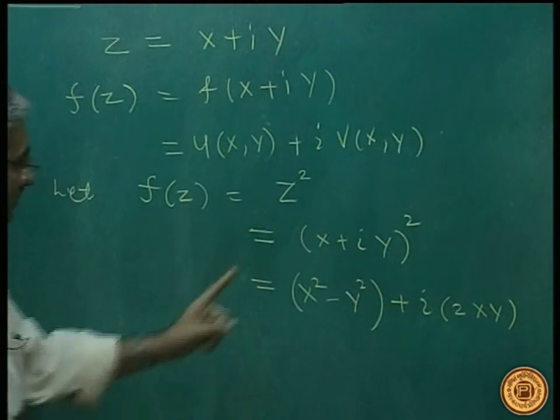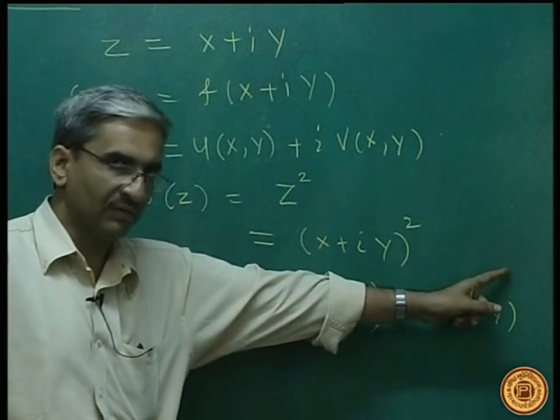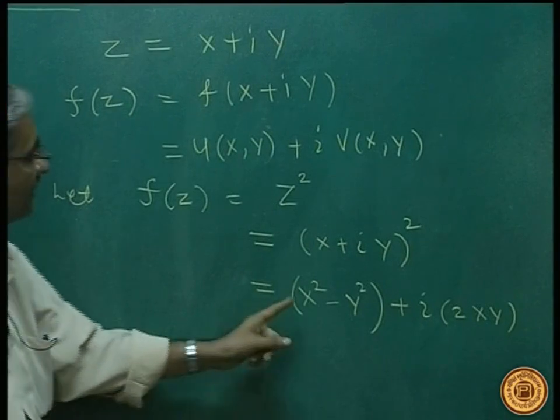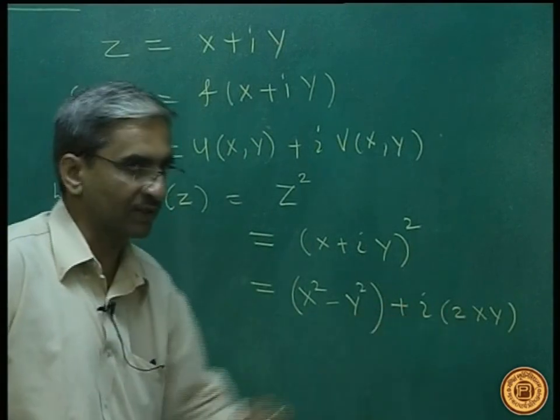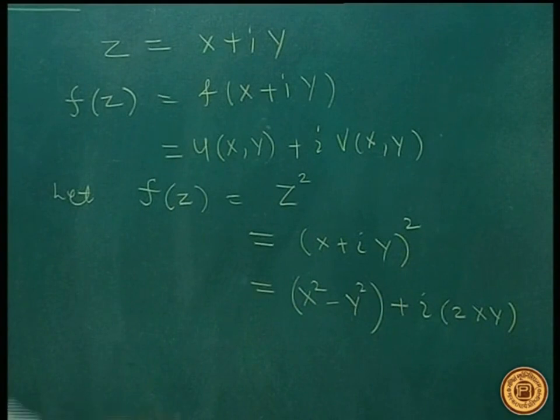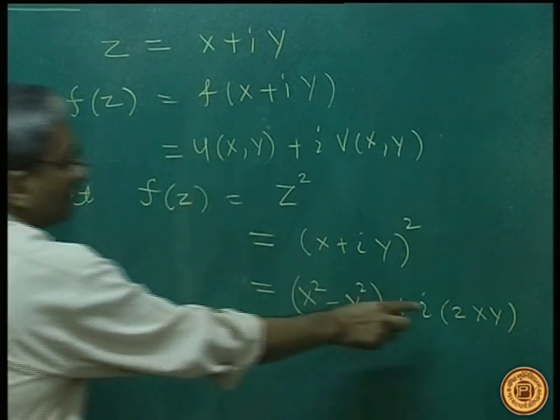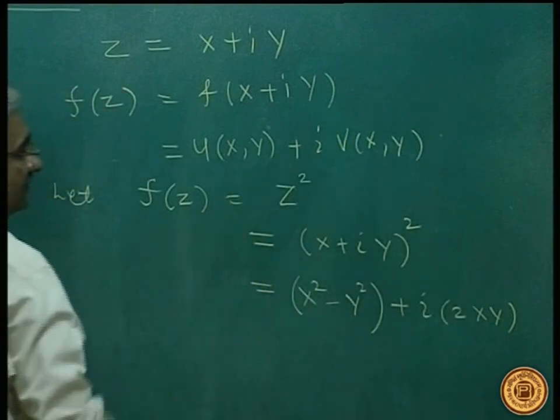Have you understood this? x plus iy into x plus iy. So by using the rule for multiplication, it is x square minus y square plus i times 2xy. So this x square minus y square is u(x,y) and 2xy is v(x,y).